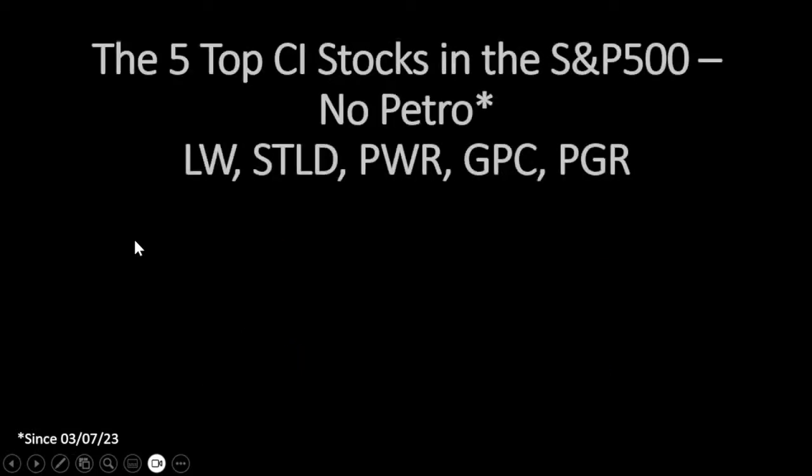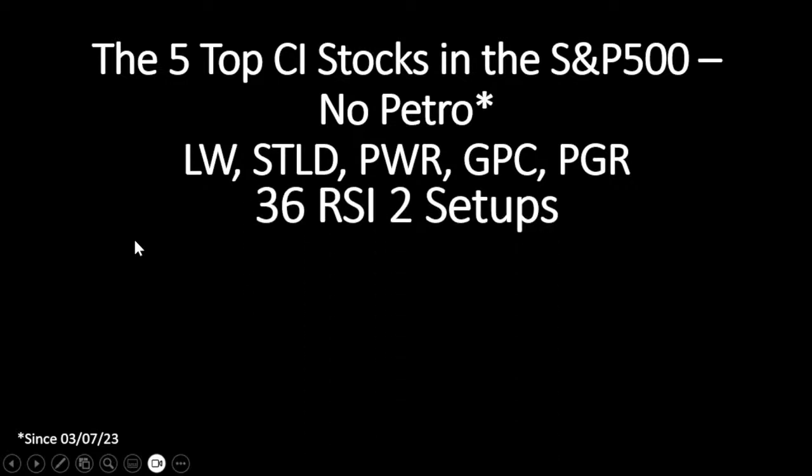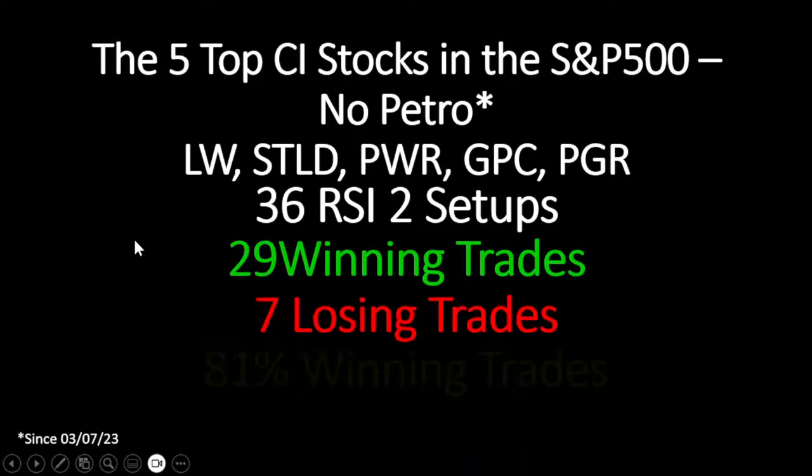Okay. Since March 7th of 2023, over the last 4 months since the last time I did this webinar, those top 5 CI stocks had 36 RSI-2 setups, 29 winning trades, 7 losing trades.